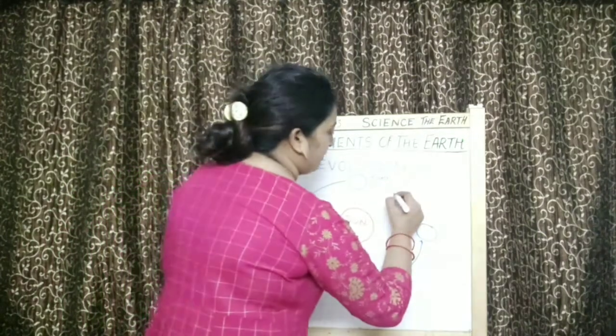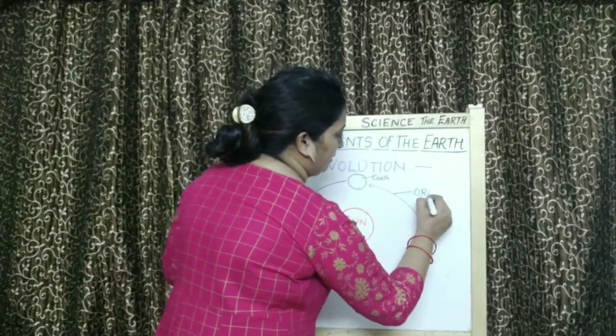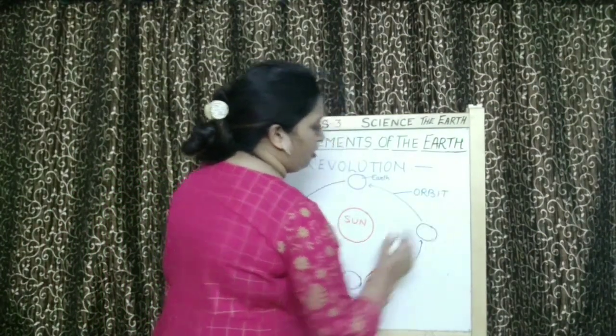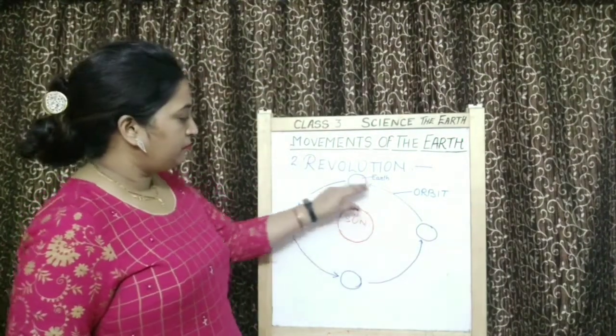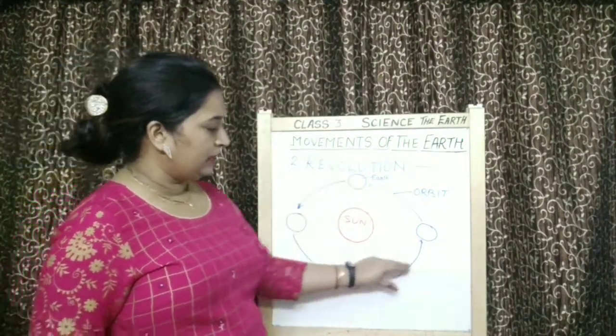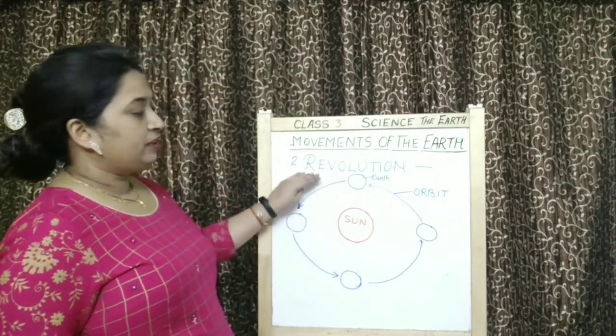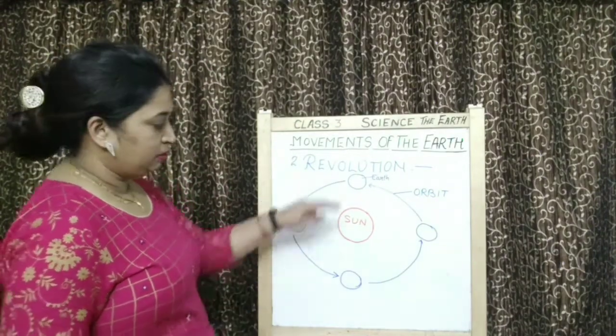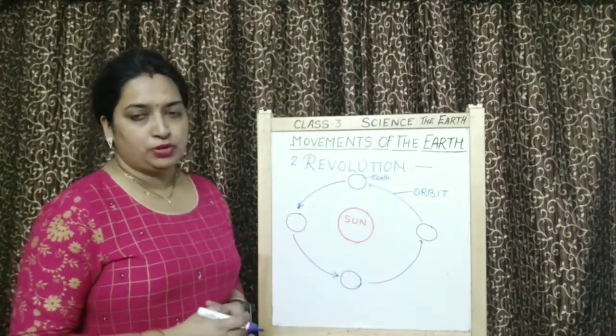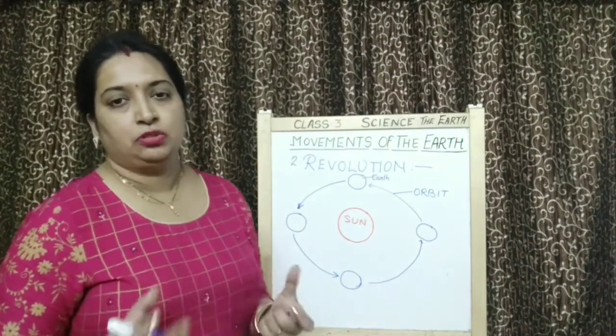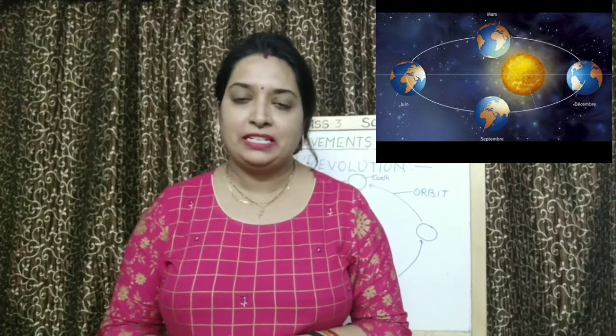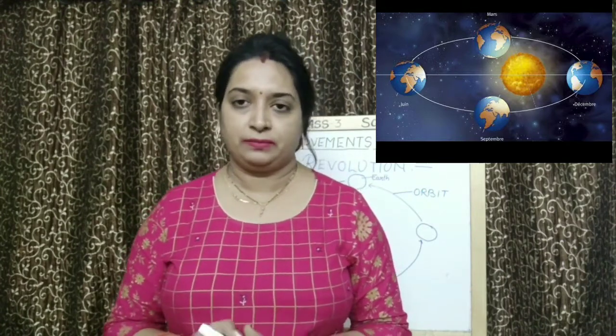This imaginary fixed path is called orbit. What is it called? Orbit. And that movement of the earth around the sun is known as revolution. So children, I hope now it is clear to you what is orbit and what is revolution.